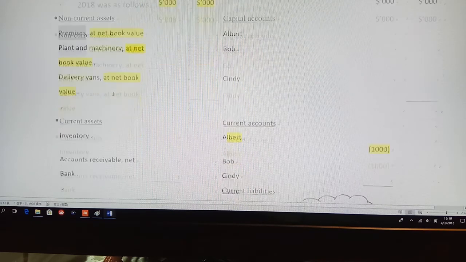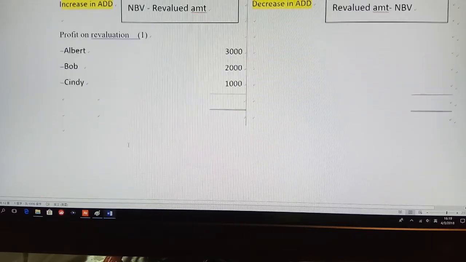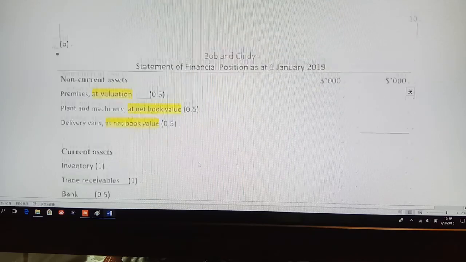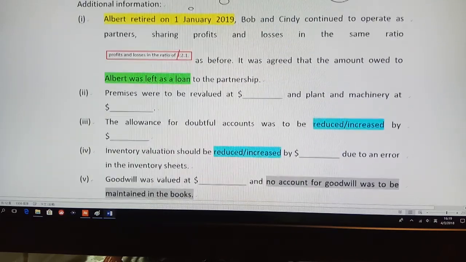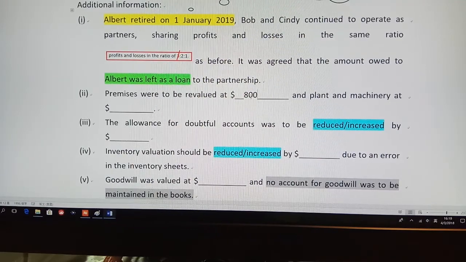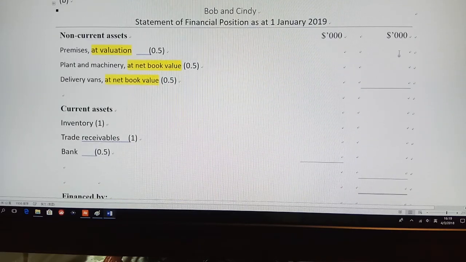But once Albert left, and the amount has been revalued, we just put the revalued amount right here. Say for example, if the premises were valued at $800,000, we just copy and paste the figure 800,000.